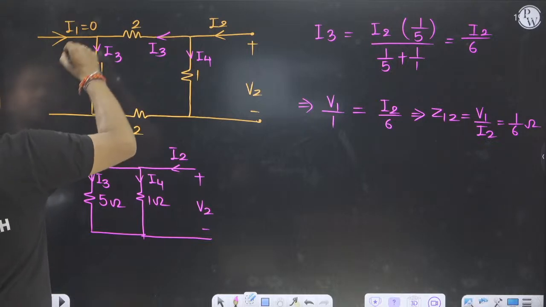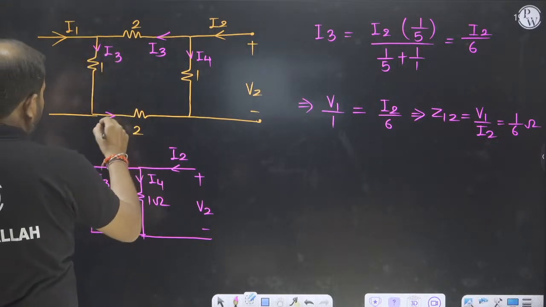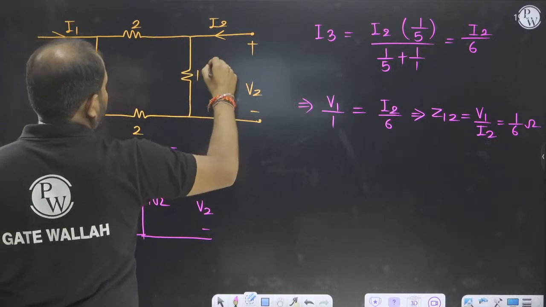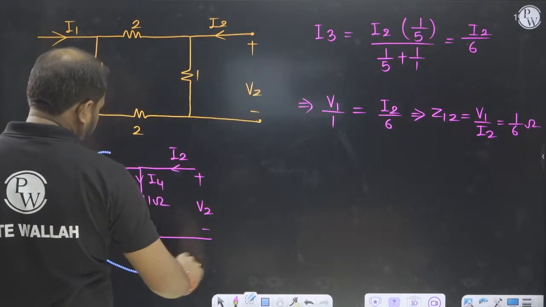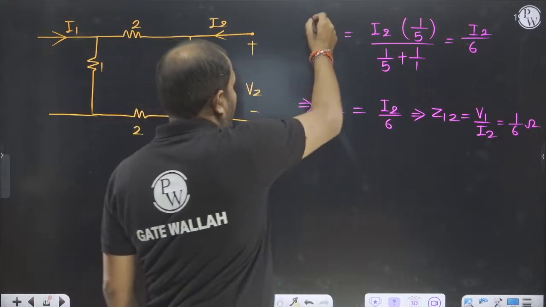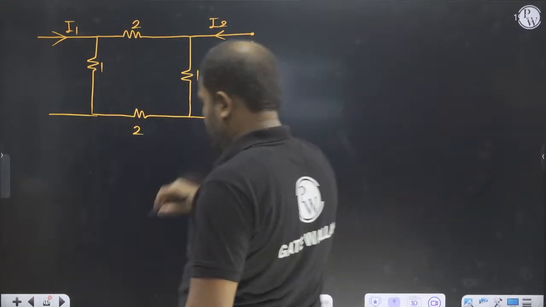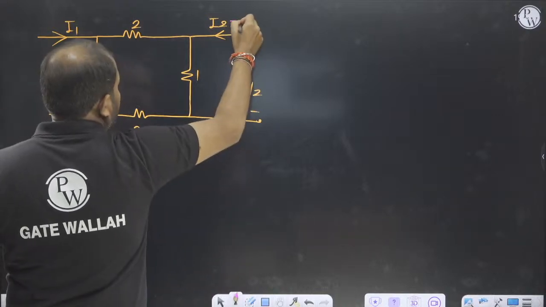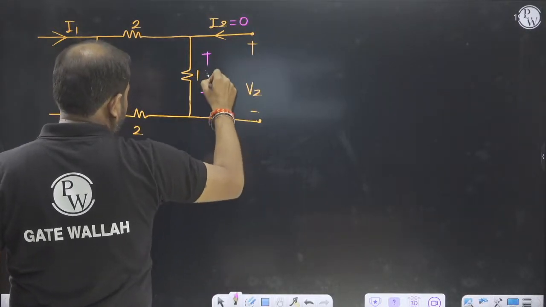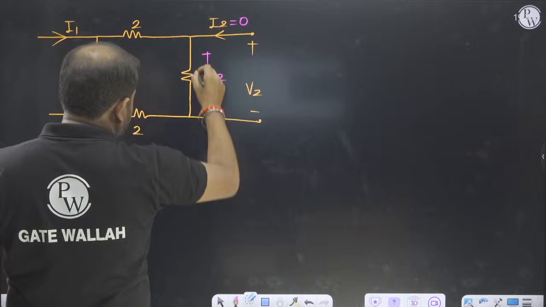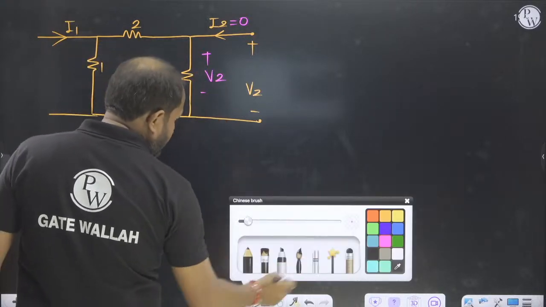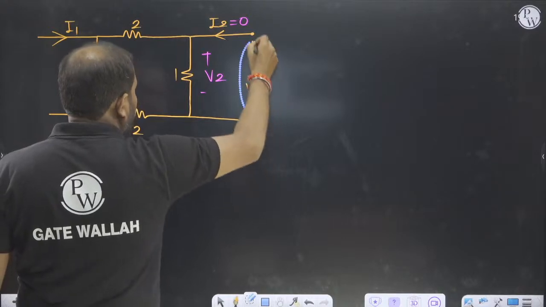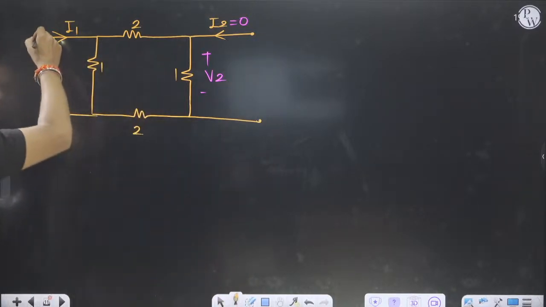Second one is I2 equal to 0. Then what will happen? If I2 is equal to 0, this is voltage V2 and this is voltage V1.